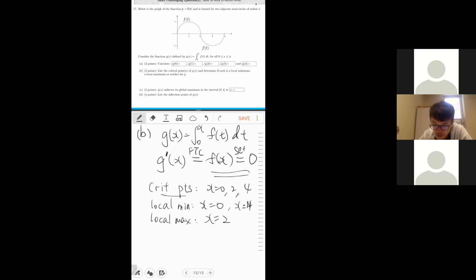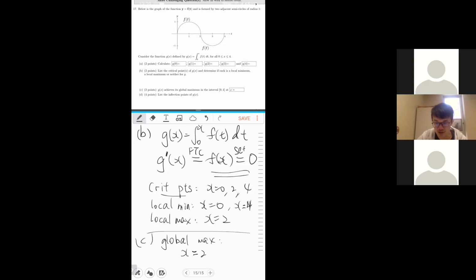Part C. Where is the global max? 2. Yep. So global max happens when x equals 2. That's because, one way to look at this is to look at the area.